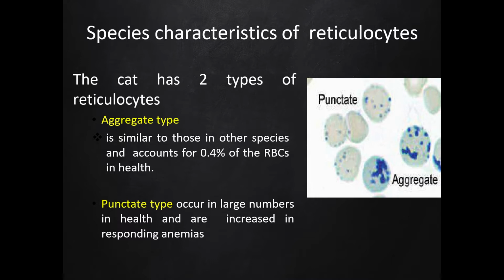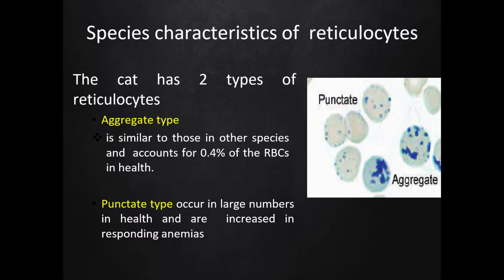The aggregate type is similar to those in other species and accounts for 0.4% of the RBC in healthy cats. Higher values of this may indicate that the cat has current erythropoietic activity.